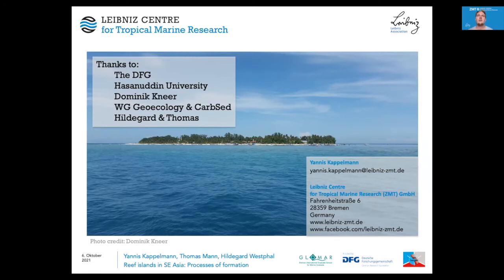So I therefore assume that the influence of storms hasn't been that much of a factor in this case here. However, there are some instances for reef islands in which storms have apparently had a huge role in the formation of these islands.